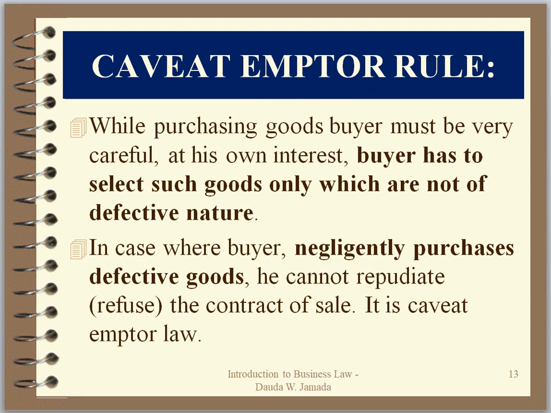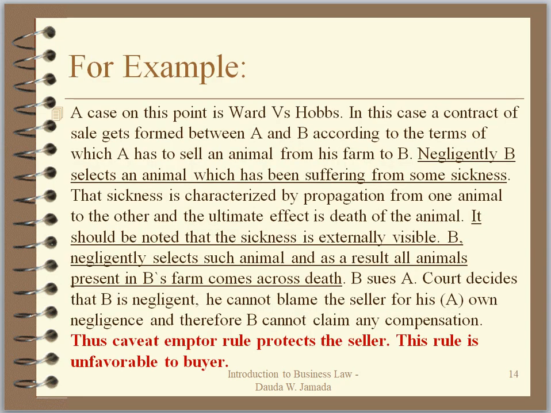Take a good example we have here. For example, a case on this point is Ward versus Hobbs. In this case, a contract of sale gets formed between A and B, that is Ward and Hobbs, according to the terms of which A has to sell an animal from his farm to B. Negligently, B selects an animal which has been suffering from some sickness.